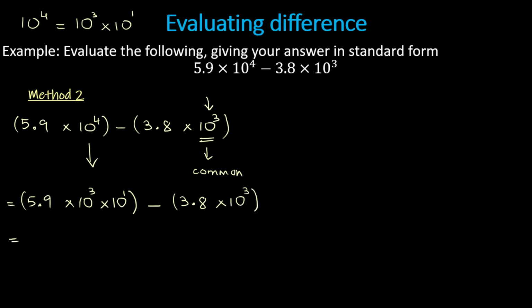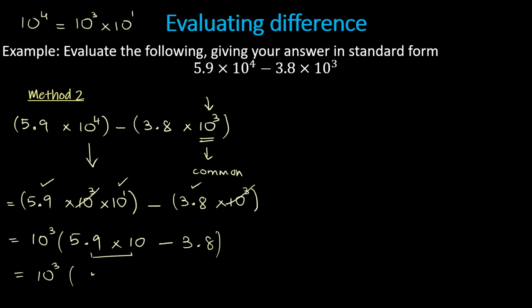Now we can clearly see the common factor, 10 power 3, and we are left with 5.9 times 10 power 1, which is simply 10, minus 3.8. And this is simply 10 power 3 times 5.9 times 10 is 59 minus 3.8.